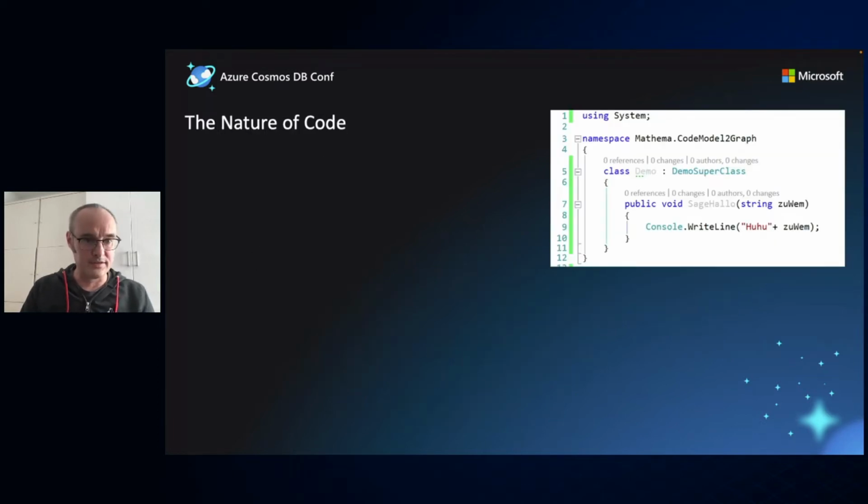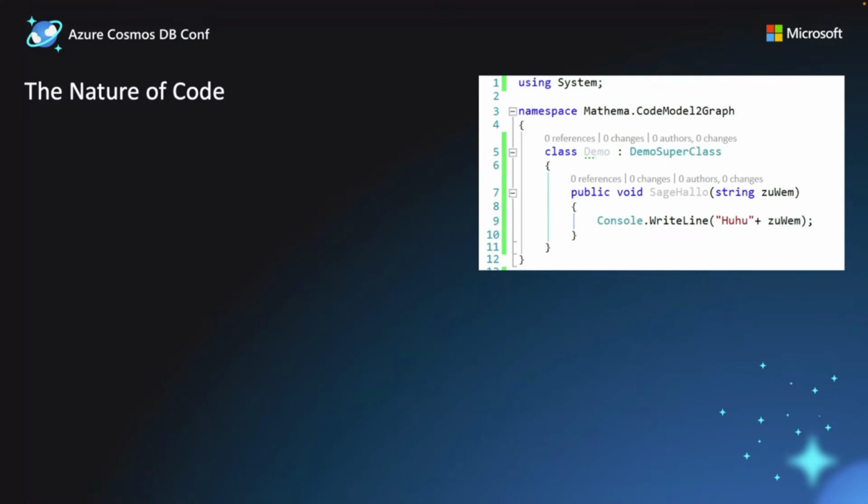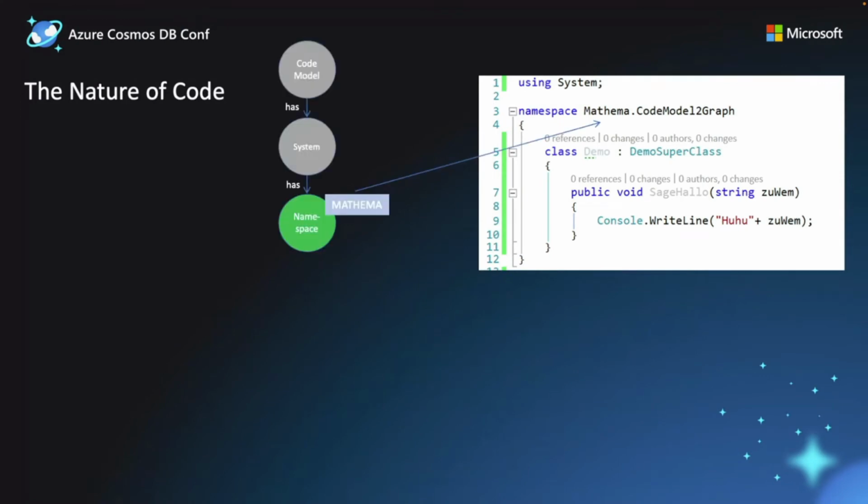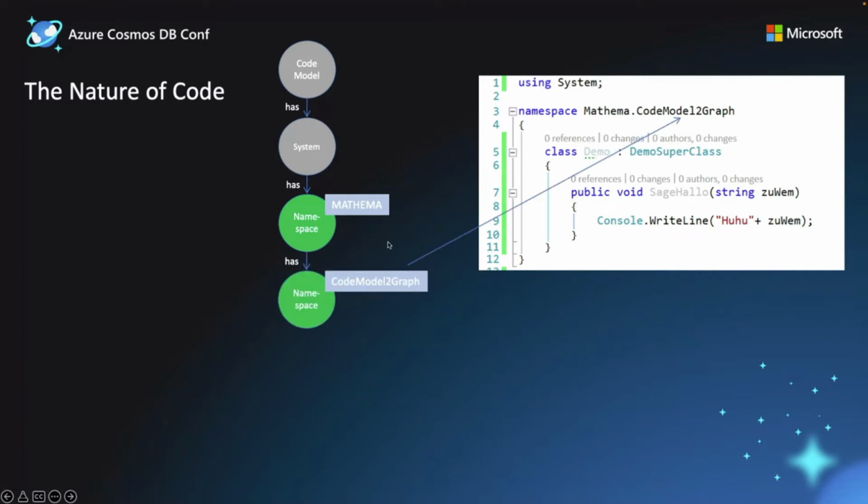So if we take this small snippet, and this is how I do it in my tool, we have a code model, and inside this code model, we have a namespace vertex, and this does have a second attached or child vertex, once again a namespace, which is called code model to graph.